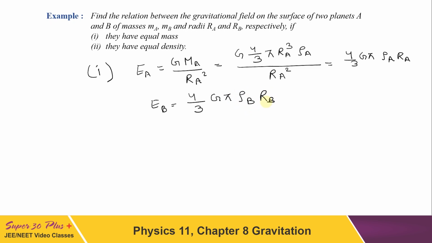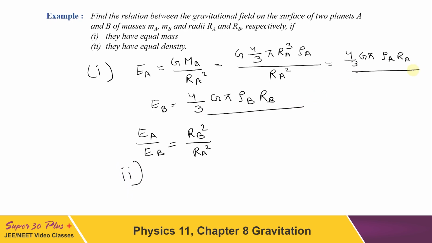For our first case, we have to consider Ma equal to Mb. So directly we can take the ratio Ea upon Eb, which, as masses are equal, will be Rb square upon Ra square. And for the second one, as we have derived it in terms of density, and since densities are equal, we can write Ea upon Eb equal to Ra upon Rb.